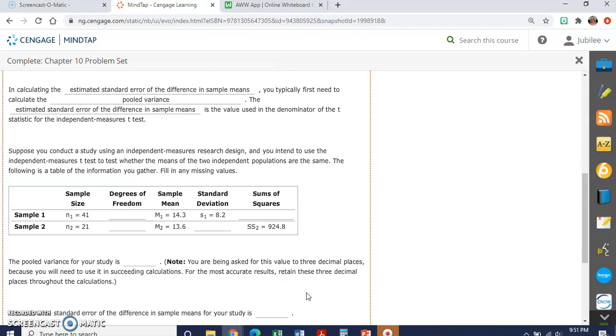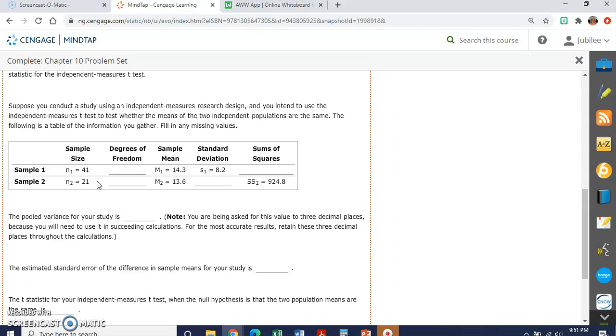So that was all the easy part. Now I need to calculate some things. So first of all, remember that the degrees of freedom for each sample is just n minus 1. So if I have 41 here, the degrees of freedom would be n minus 1. So it's 40 and 20. And now I have to calculate two things that I'm missing.